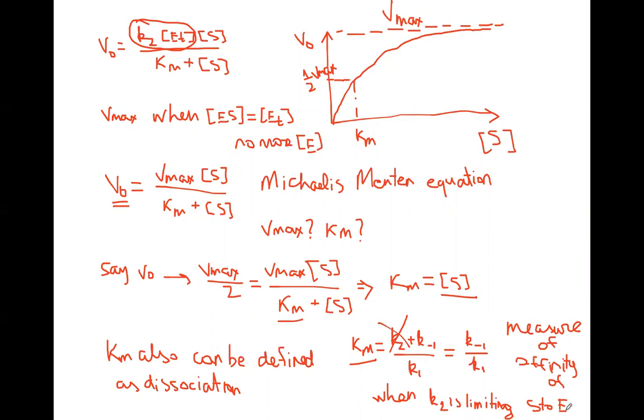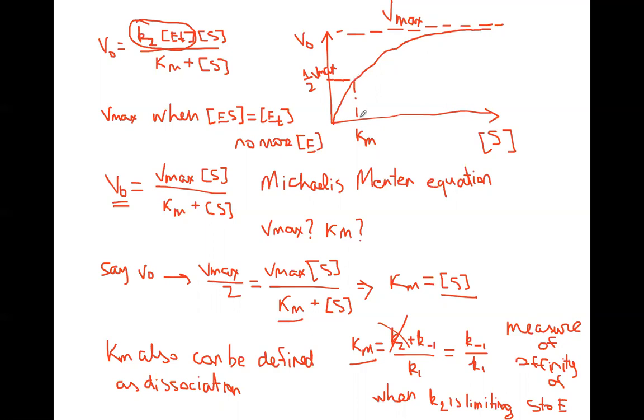So Km, one way to look at it. There's a definition, obviously. You can express it in terms of 3 rate constants, but probably the two best ways to understand the Michaelis constant is as a substrate concentration at which the reaction rate is half maximal, right?